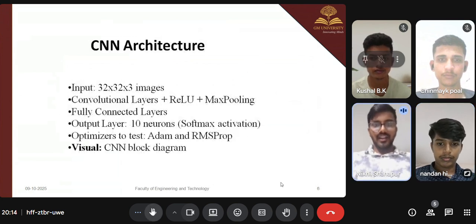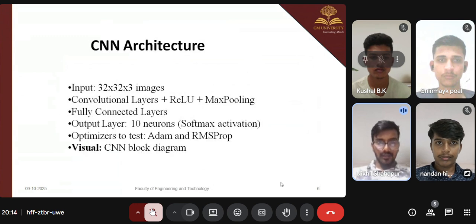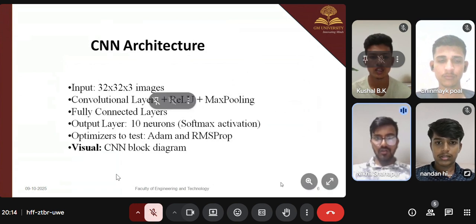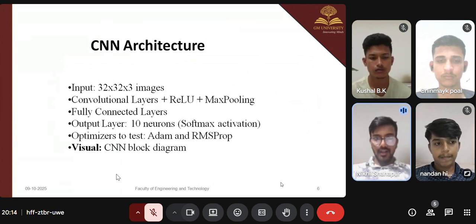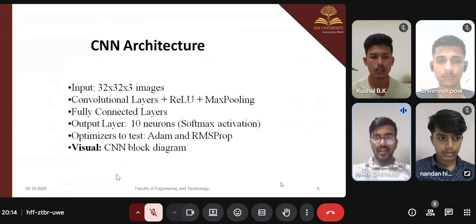Coming to the CNN architecture: input 32 by 32 by 3 images, convolution layer plus ReLU plus max pooling, fully connected layer, output layer with 10 neurons and softmax activation. Optimizers to test: Adam and RMSProp, with visual CNN block diagrams. These are the architectures.